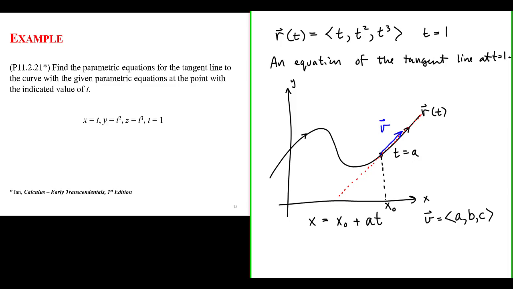So the x-coordinate is equal to x naught plus at, where a comes from the x component of the vector that is parallel to our tangent line at the point.